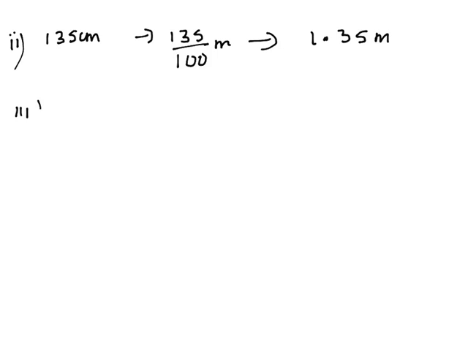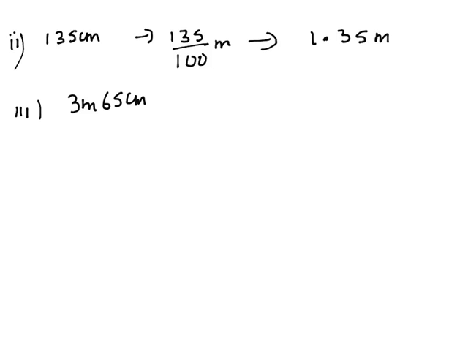The next we have 135 centimeter. By using the same concept, 1 meter is equal to 100 centimeter, we can write it as 135 by 100 meter, which is simply 1.35 meter. Next, if we have 3 meter 65 centimeter, how can we write it?